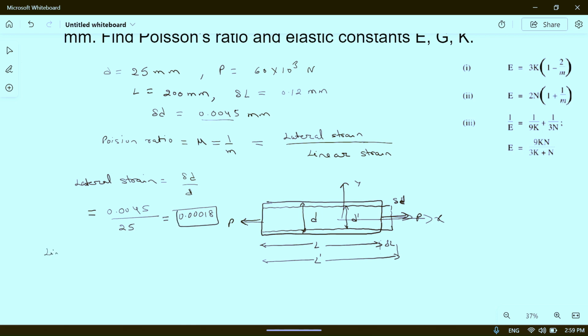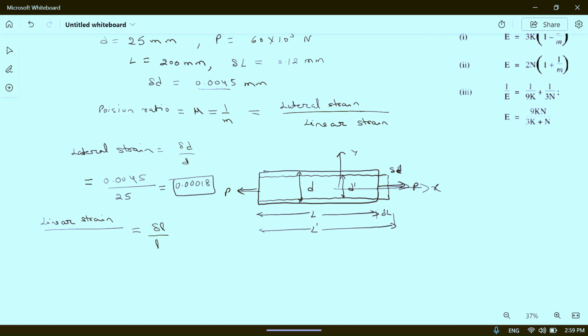And linear strain is the strain in the direction of the load, which is the x direction, equal to delta L by L, change in length divided by original length, which is 0.12 mm divided by the initial length of 200 mm, which is equal to 0.0006.